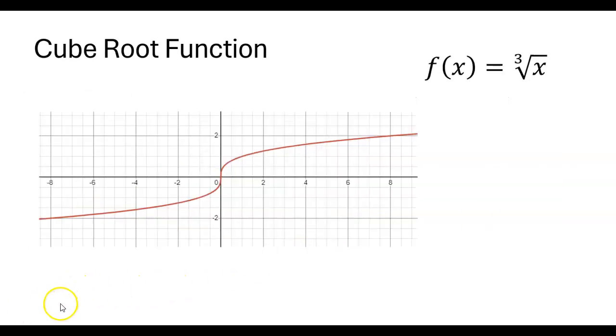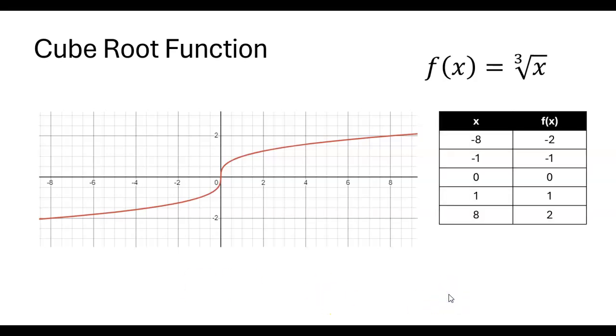Next, we have the cube root function. If you think back to when we talked about the cube function, this was more of a vertical looking graph. Well, the cube root, which is the cube root of x, is more of a horizontal looking graph. But it's very similar. It increases as we get to 0, seems to level out a little bit vertically now, and then increases on.